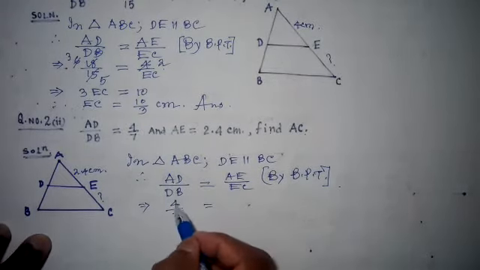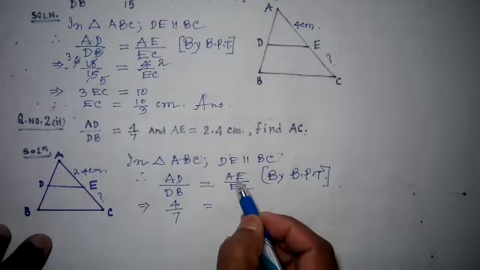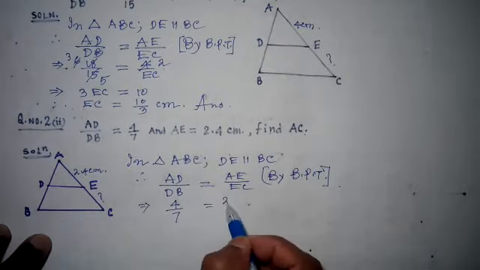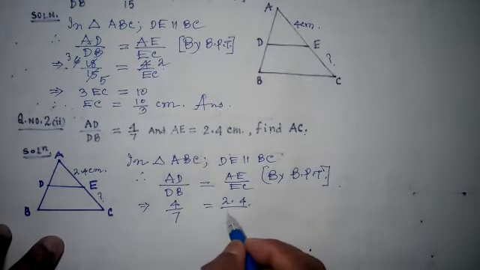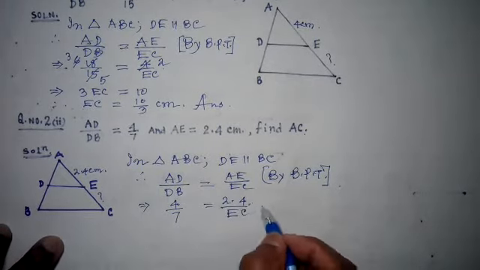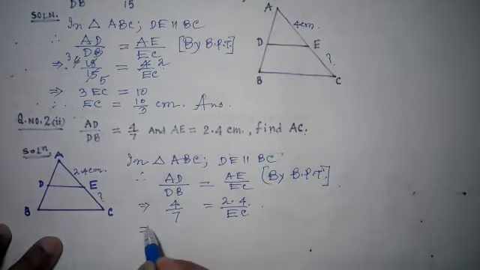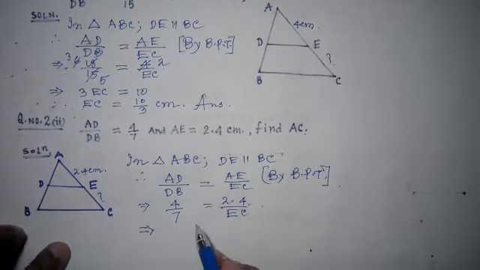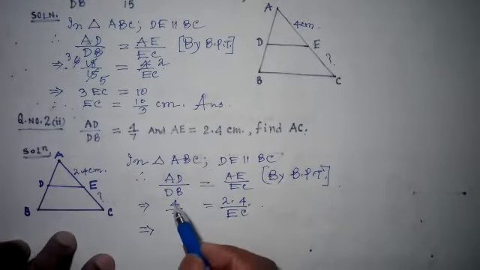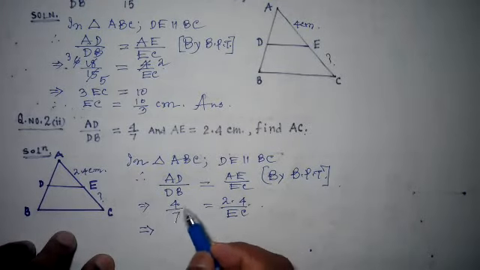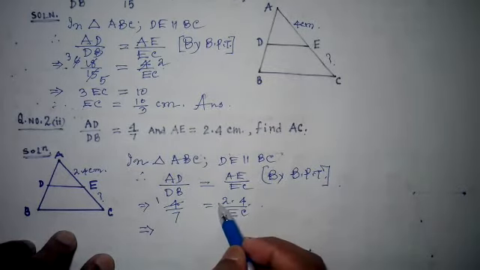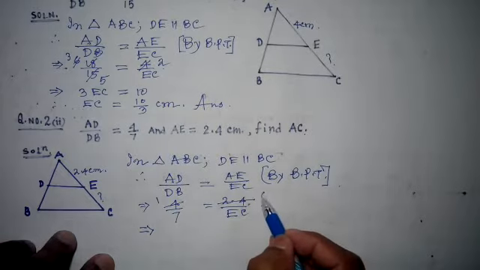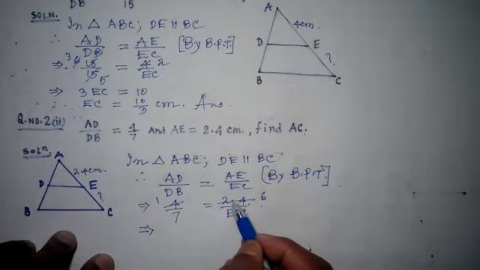Write the value of AD by DB, 4 by 7, is equal to AE, whose value is given as 2.4, and EC we will find first. So EC will remain as EC. Then we do the cross multiplication, and before cross multiplication let us cancel this 4 and 2.4. Suppose we cancel by 4, this is 1, and if we consider it 24, divided by 4 it will be 6, but it is 2.4, with one number after the decimal.